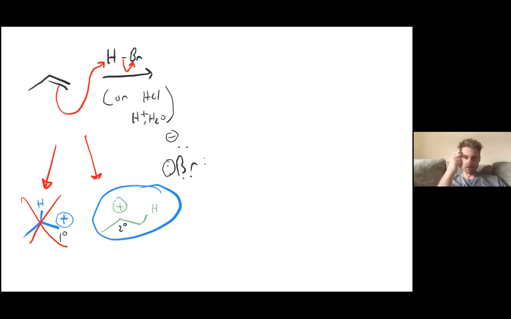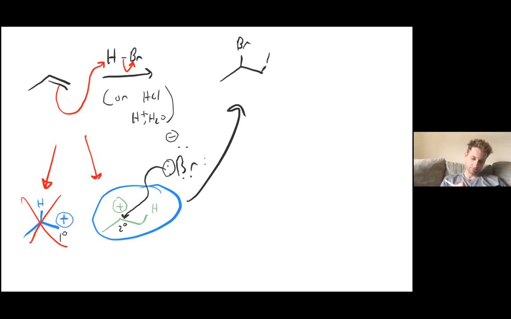It's going to want to attack at our positively charged center, and we can form a product. So this is kind of the simple form of the reaction. We are adding Br to the more substituted center. We add an H to the less substituted center here.